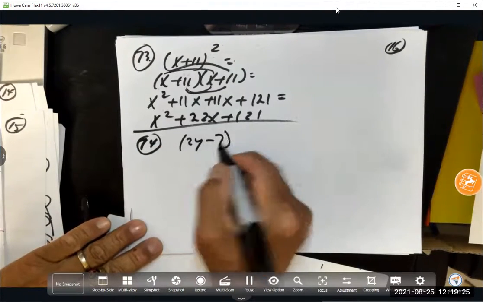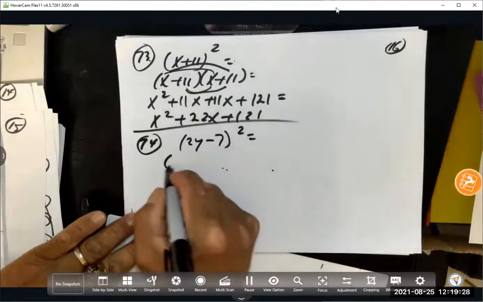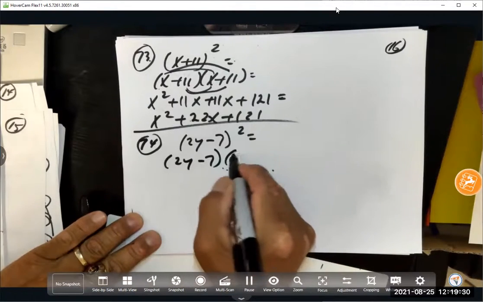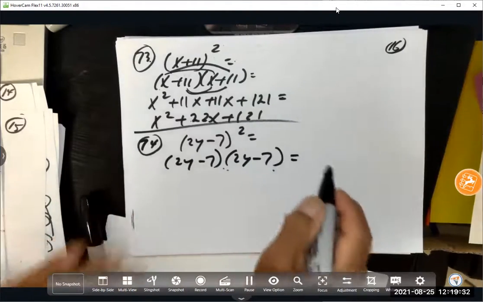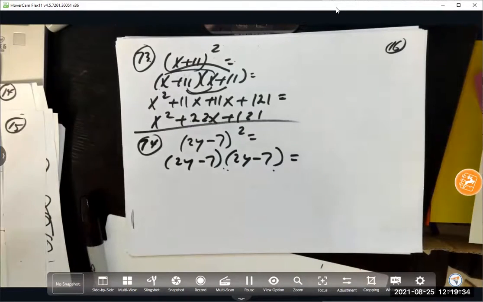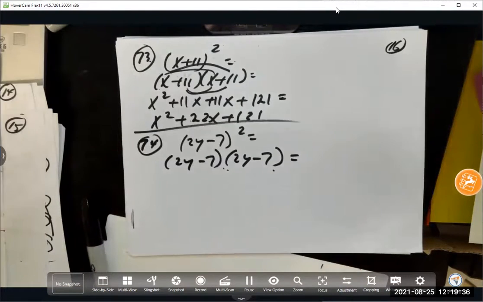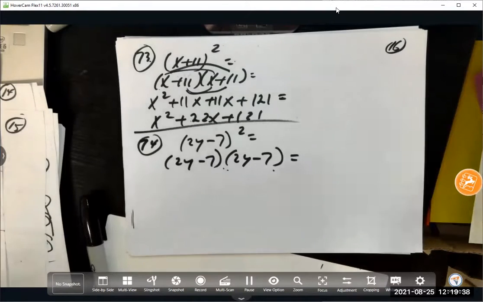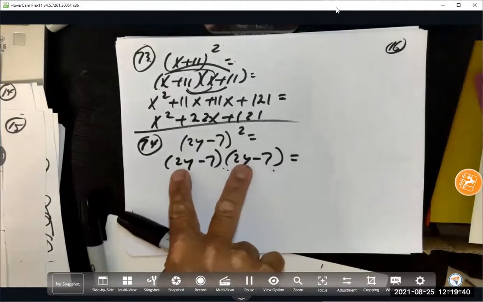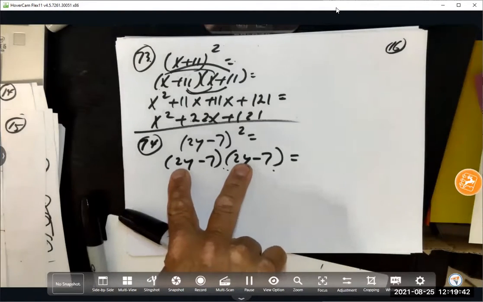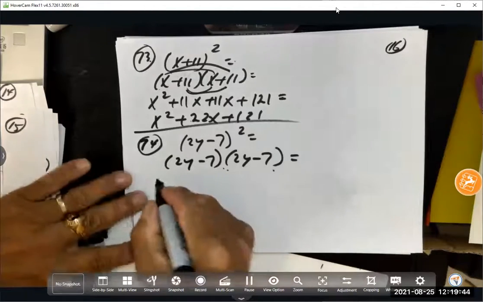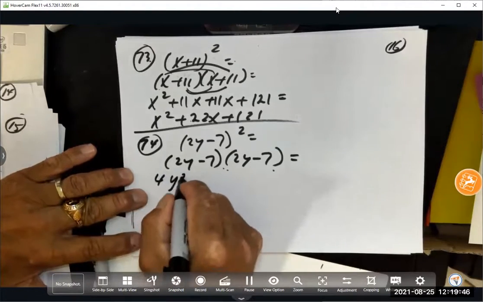It's the same business, but it just has a minus. That's all. 2y minus 7 and 2y minus 7. So ready? What is the first one? Positive 4y squared.